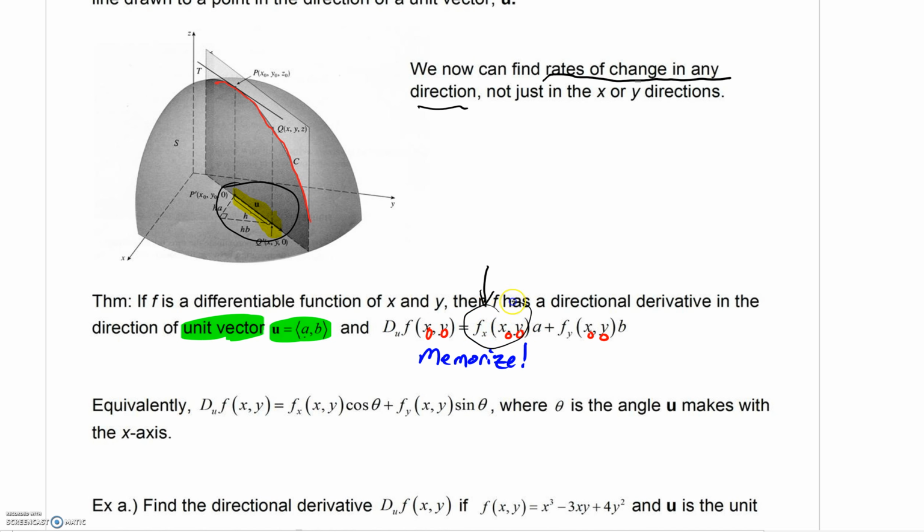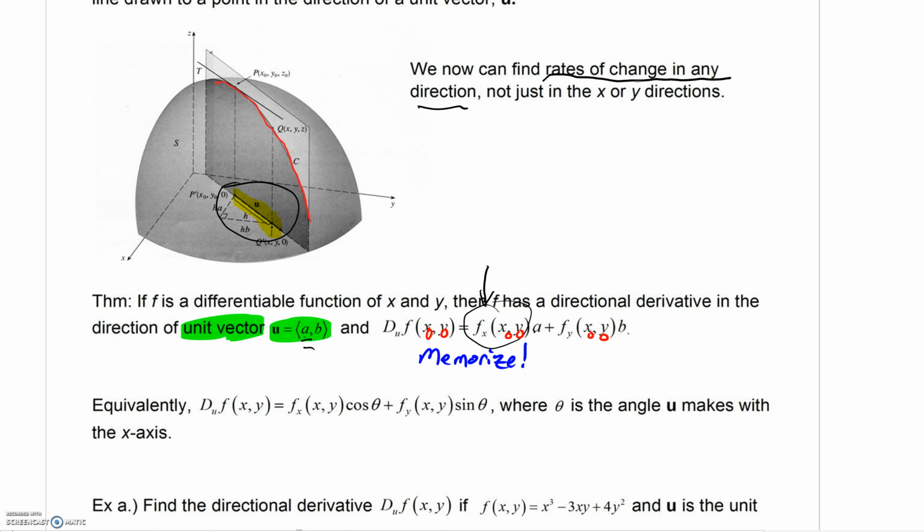So we have our x derivative multiplied by our x unit vector component, plus here's our y derivative, f sub y, the partial derivative of f with respect to y, plugging in our initial point, multiplied by the y component of our unit vector.